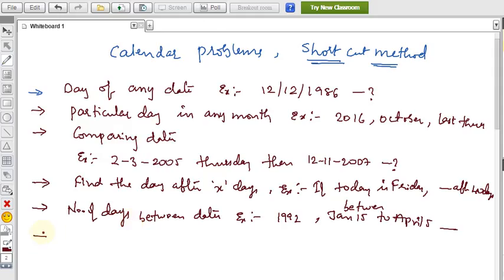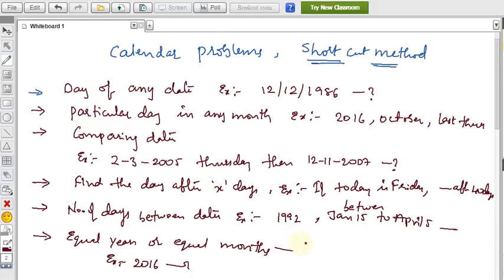Then one more type of question asked in exams is equal years or equal months. For example, this is 2016. Which year after 2016 will have exactly the same calendar, with the same dates for January 1st, February 2nd, and so on?